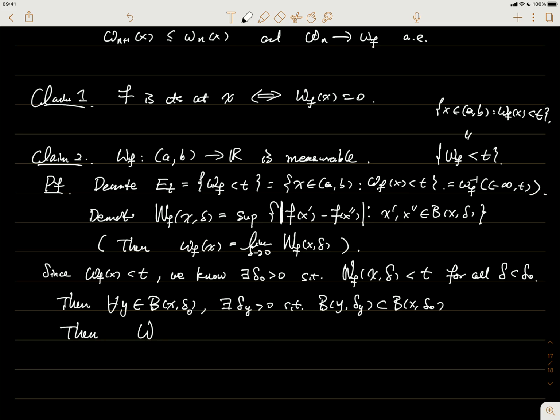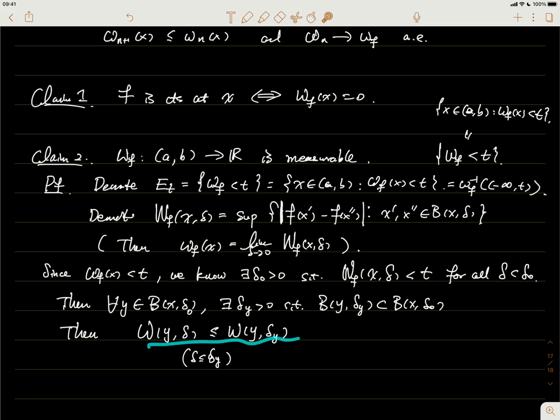we know that w_f(y, delta), remember that this is the variation on the ball centered at y with the radius of delta, will be smaller than w_f(y, delta y), where this delta is less than or equal to delta y. I'm going to specify that later, but the delta is something smaller than delta y. The reason for this inequality is that if I consider the variation over a smaller set, then the supremum is potentially smaller.